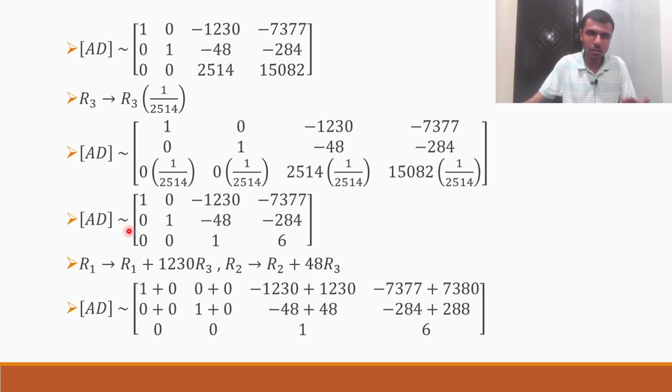Likewise R2 plus 48 R3: 0 plus 48 into this, 1 plus 48 into this, minus 48 plus 48 into 1, minus 48 plus 48, minus 284 plus 48 into 6, it is 288.